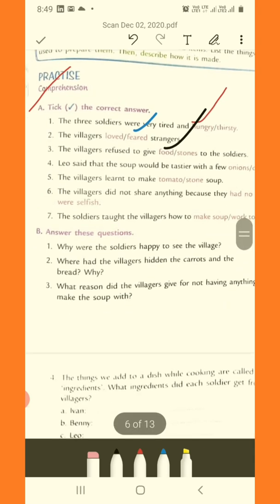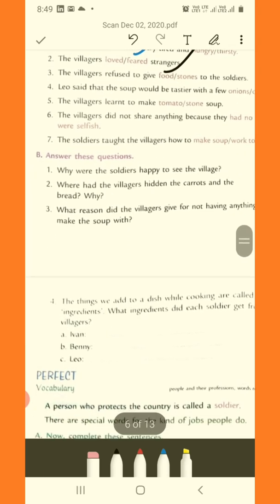It's very simple, right? And we have question answer. Why were the soldiers happy to see the village? Because they finally thought that, since they were hungry, they would finally get something to eat, right? So where had the villagers hidden the carrots and the bread? They hid the carrots and the bread under the pillow and hay, isn't it?